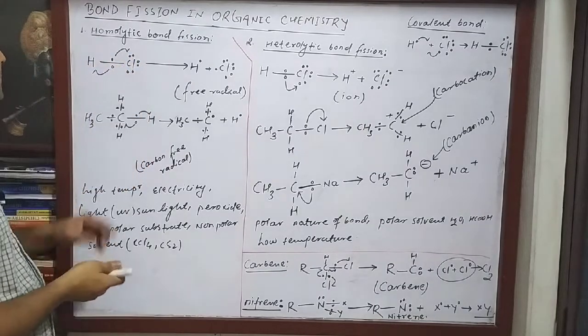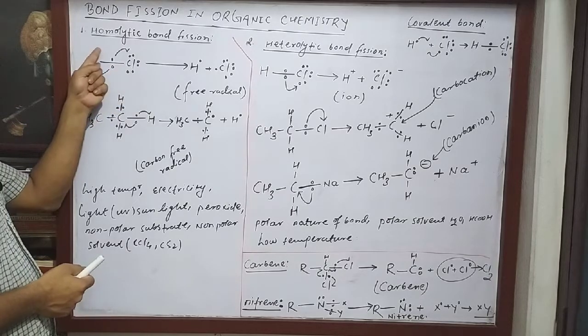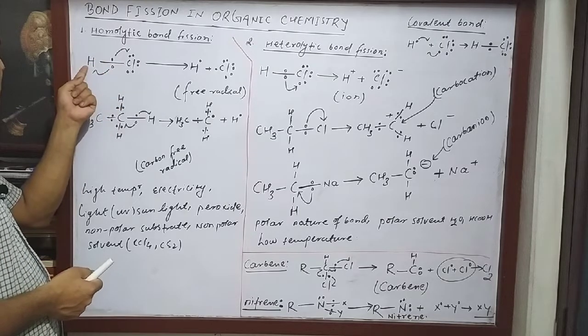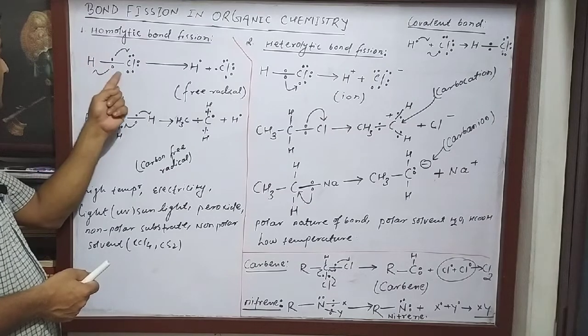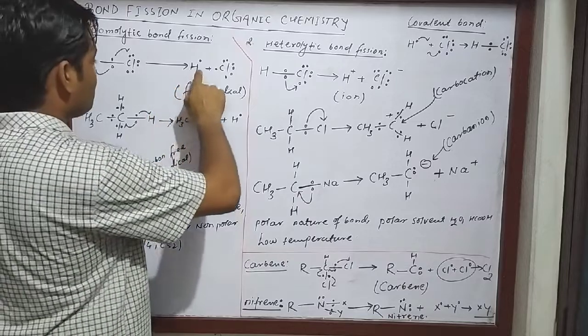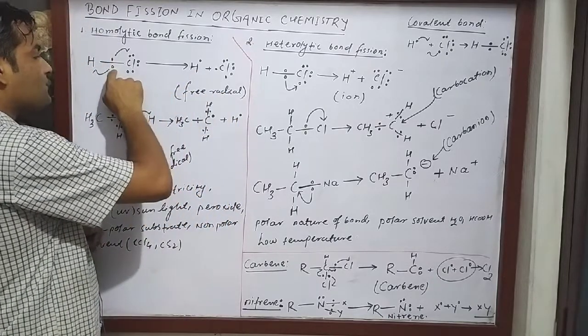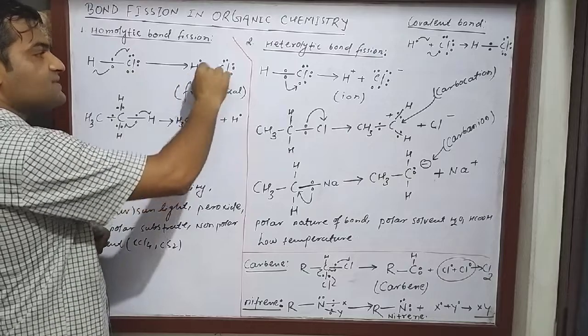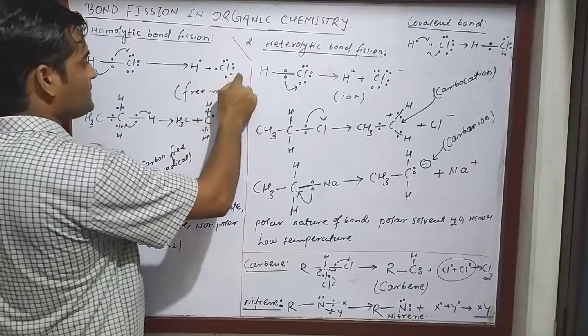Simply, when the shared pair of electrons is gained by the combining atoms, 1 electron to one atom and the other electron to the other atom, there is formation of free radicals. In homolytic fission no charge is developed, and neutral chemical species are obtained.